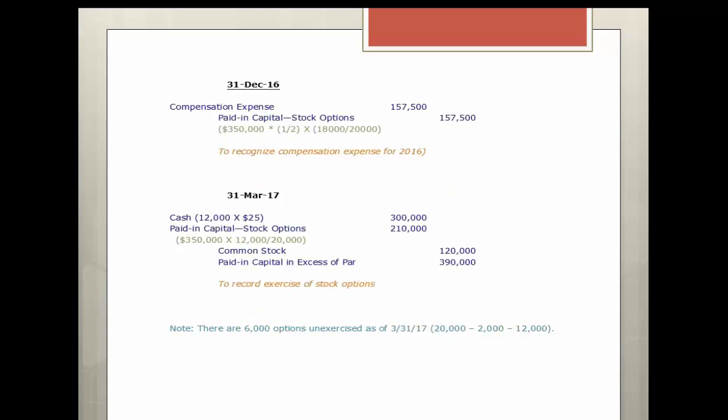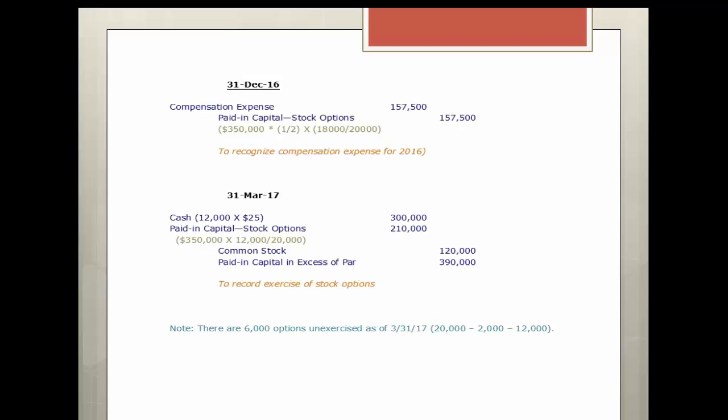What we're looking at here on December 31st, 2016, we have the compensation expense of $157,500, paid-in capital options $157,500, and what we're looking for is to recognize the compensation expense for 2016.